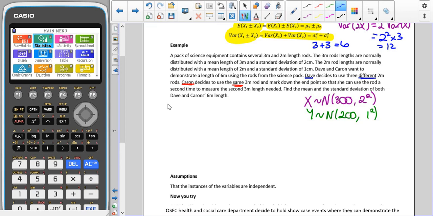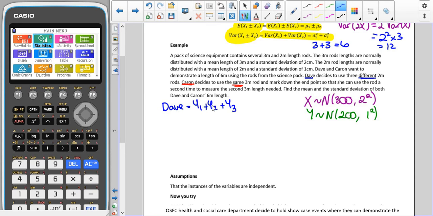So then we have Dave. Now what Dave is doing is that he's getting one of the 2 metre rods, so we'll call that first rod Y1. Then he's getting another of the 2 metre rods, we'll call that rod Y2. And then he's getting a third of the 2 metre rods and we'll call that one Y3.